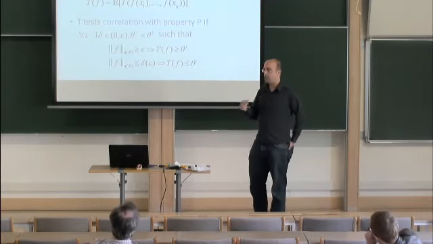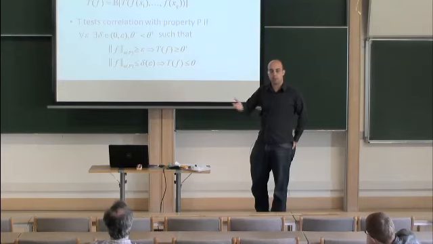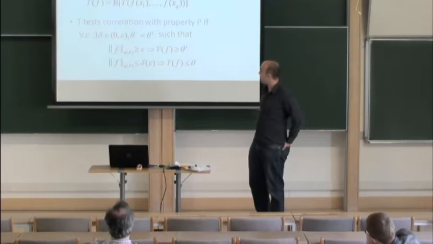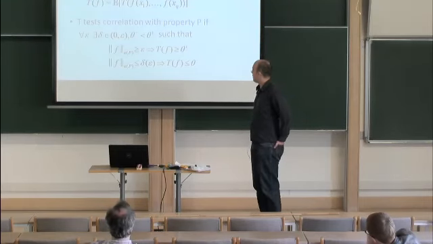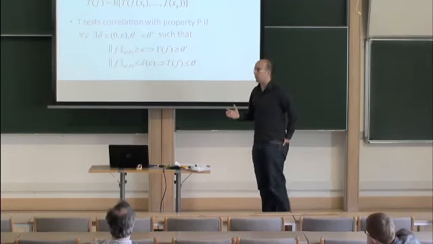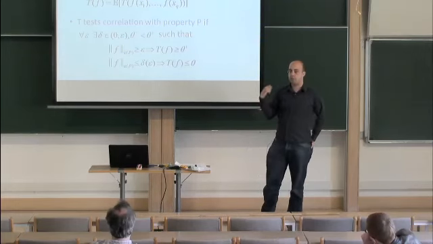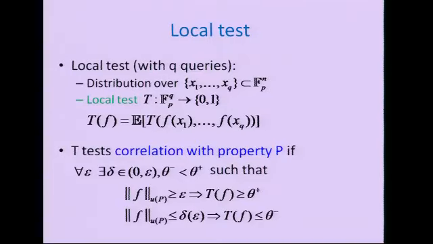And if the function has no correlation, if its correlation is below some delta, which is much lower than epsilon, then this test accepts with probability which is significantly lower, theta minus. So somehow the acceptance probability of this test tells us whether our function has some correlation or no correlation.